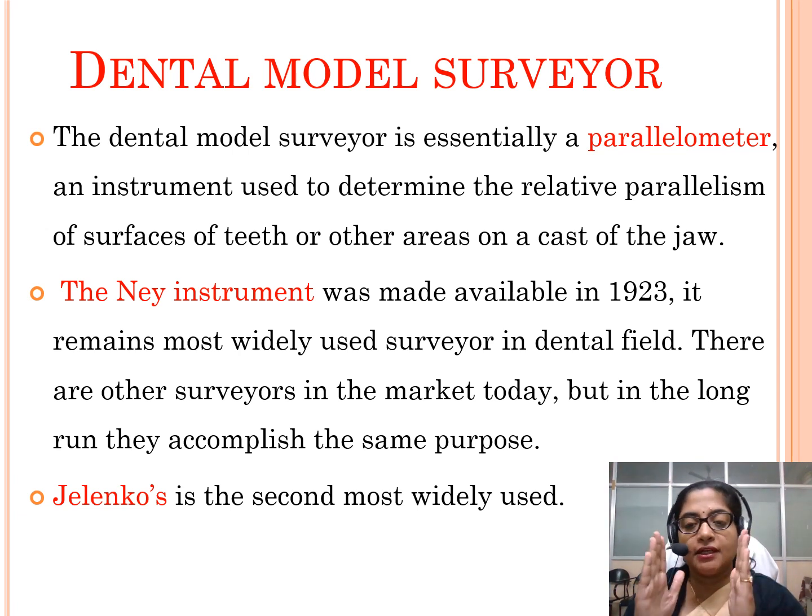It determines the relative parallelism of two surfaces, an instrument used to determine the relative parallelism of the teeth or other areas on the cast of the jaw. Ney's instrument was made available in 1923. It remains the most widely used surveyor in the dental field. There are other surveyors in the market today also, but in the long run they accomplish the same purpose. Jelenko's is the second most widely used surveyor.